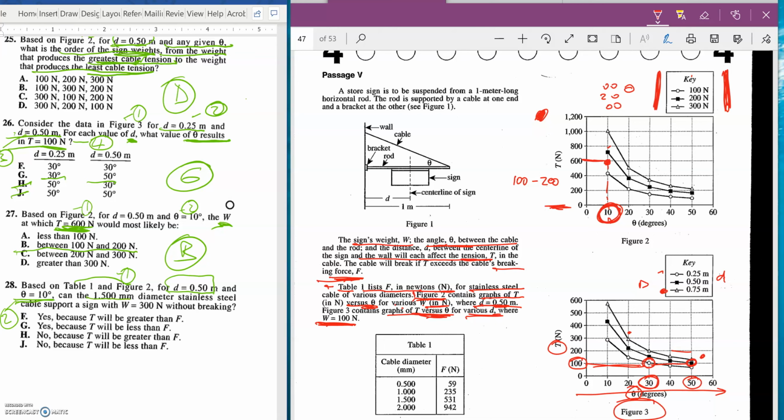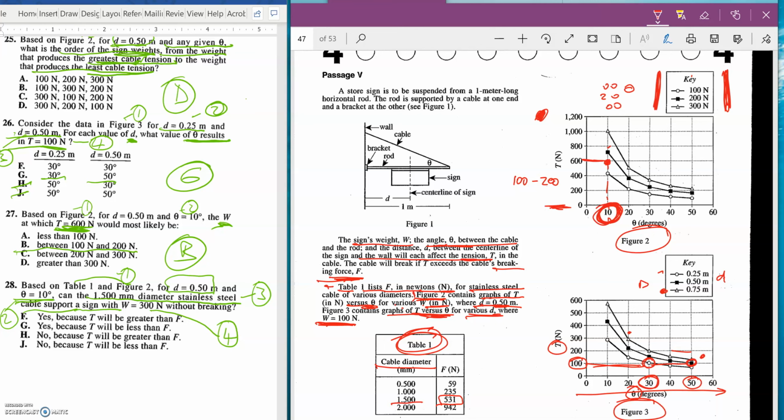Can a 1.5 millimeter diameter stainless steel cable support a sign with a weight of 300N without breaking? That's step 4. All right, so I'm going to table 1, that's the right hand side over here, and figure 2 is here. The diameter 0.5 meters and a theta of 10, so it's 10 again. Can the 1.5 millimeter diameter, so I've looked at figure 2, and table 1 gives me cable diameter, so 1.5 is 531.